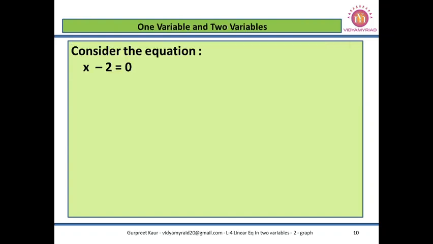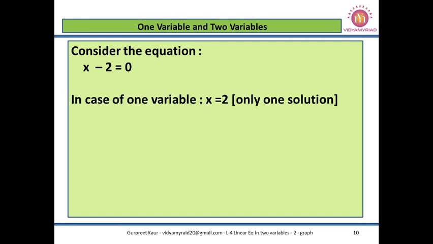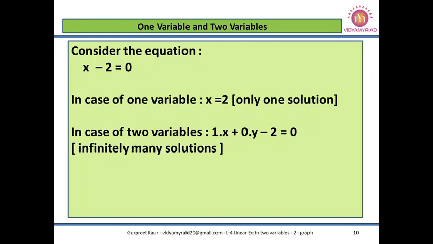Now, suppose you have this situation: x - 2 = 0. If I want to write it in one variable form, you will take 2 to the other hand side and you are sure that there is only one solution for this equation. But if I want to find it in two variable form, then it will be written as 1 into x, there is no y, plus 0 into y minus 2 equals 0, and it means it will have infinitely many solutions.